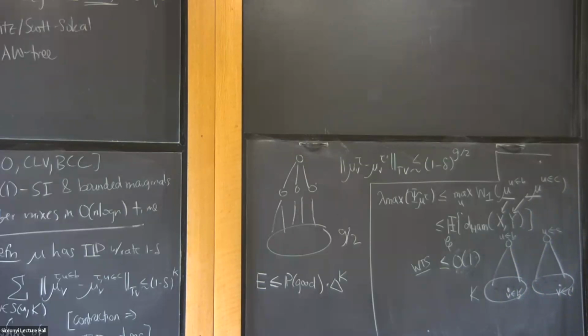But it turns out what we can do is use the triangle inequality to say that the expected Hamming distance between this one and this one is like the sum of two cases.